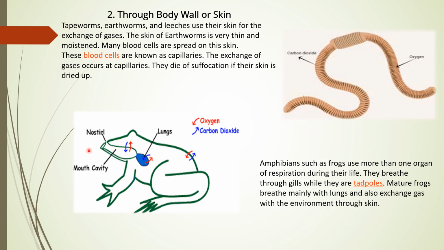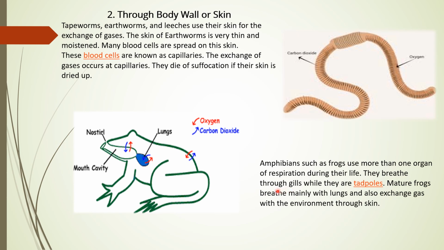Now if we talk about the frog, you know very well it's an amphibian. Means they live in the water as well as on the land. So the mode of respiration is also different when they are in the tadpole stage. Means when the frog is growing in the life cycle, in the early stage of the life cycle, they are known as tadpoles, and during that time they breathe through the gills.